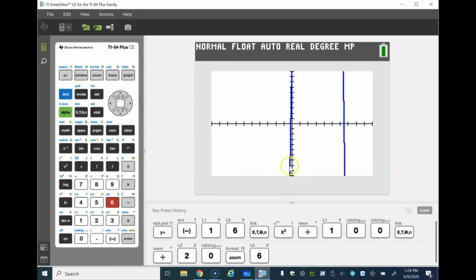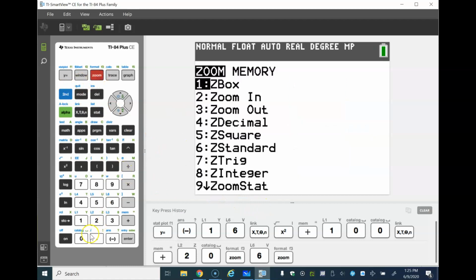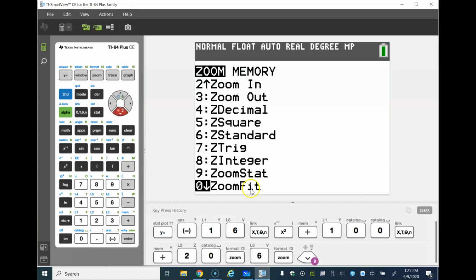And I notice this graph doesn't look really perfect to me because I need to see if it's going to be a maximum or a minimum in order to do our second trace. So this is where the numbers are really big. So we're going to hit zoom 0. And zoom 0, all that says is fit. We're going to fit the equation into our calculator.